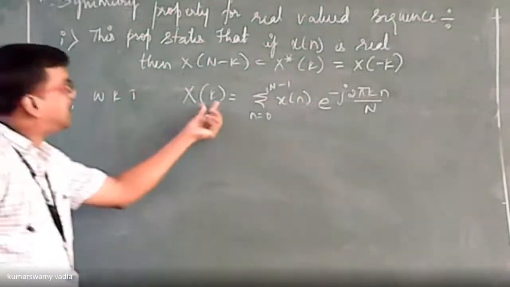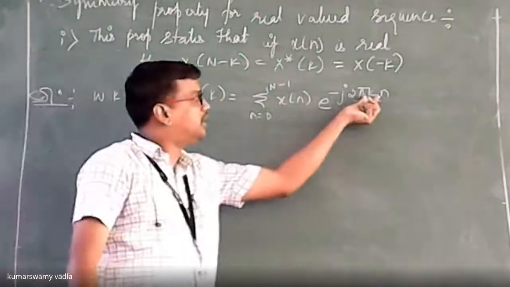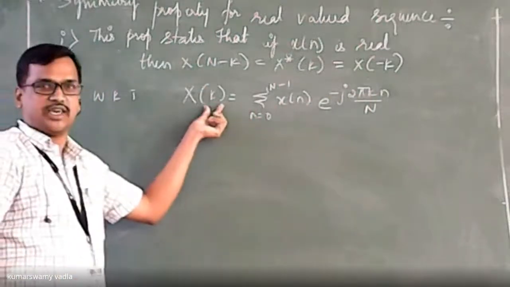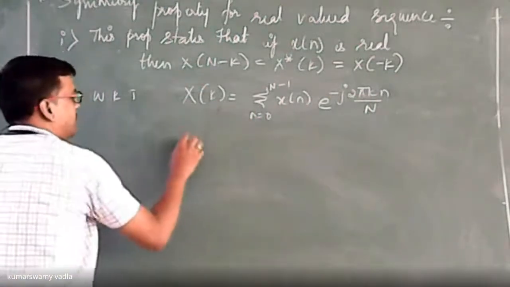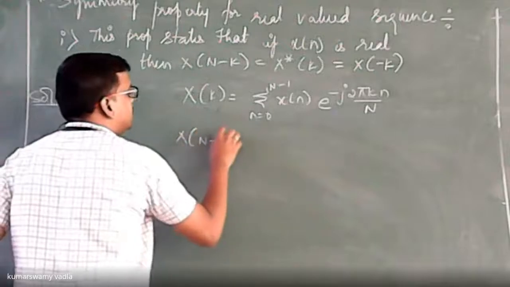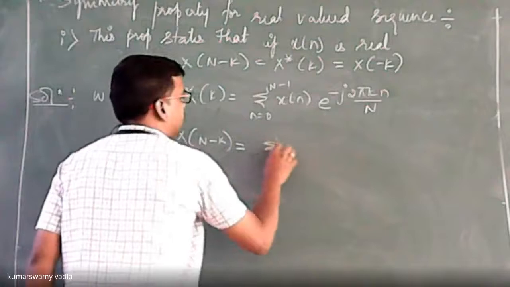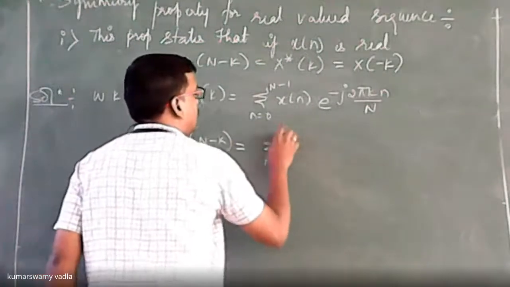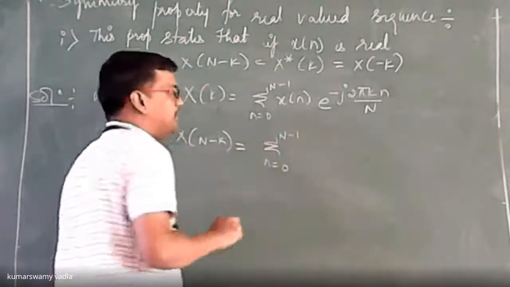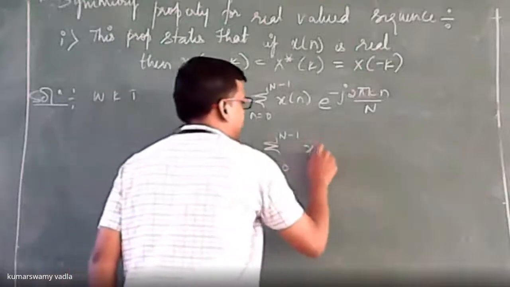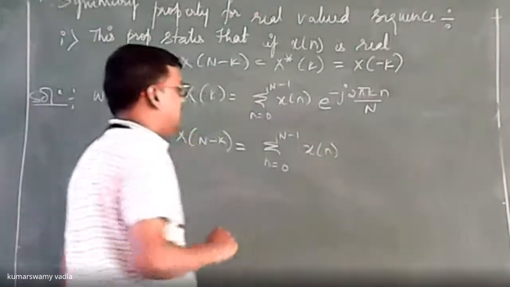Now I'll replace this k term with N minus k. X of N minus k is equal to the sum for n equal to 0 to N minus 1 of x of n.